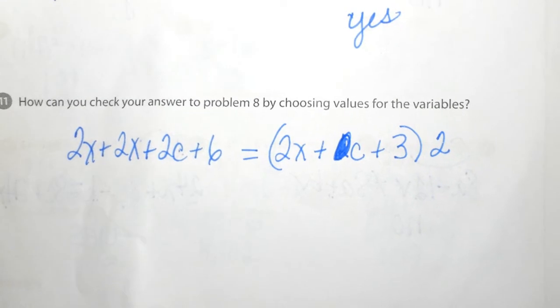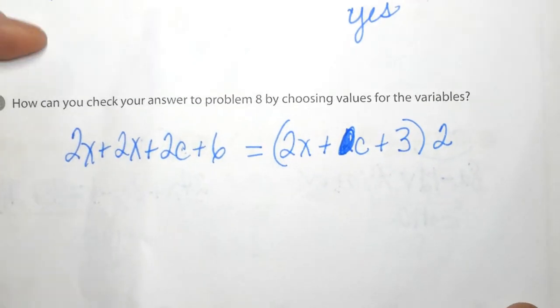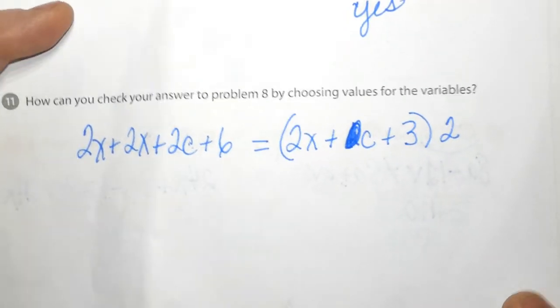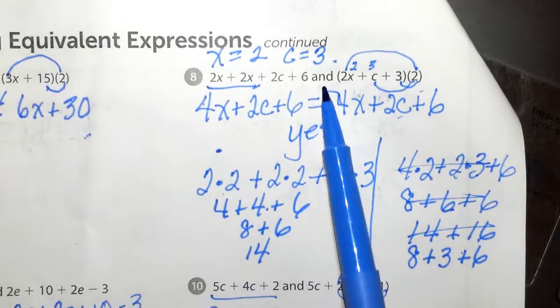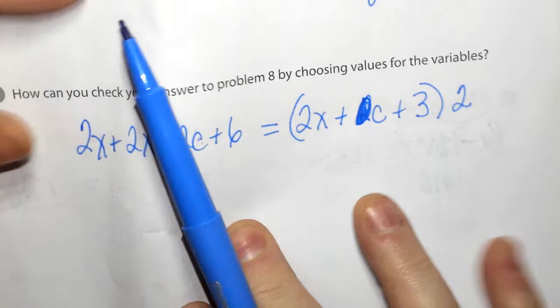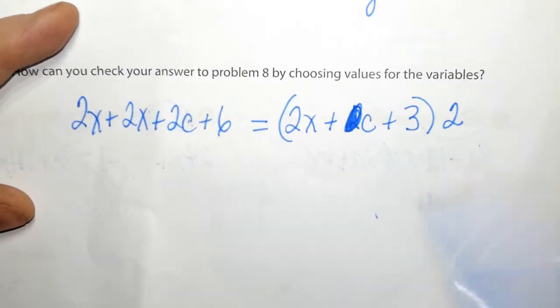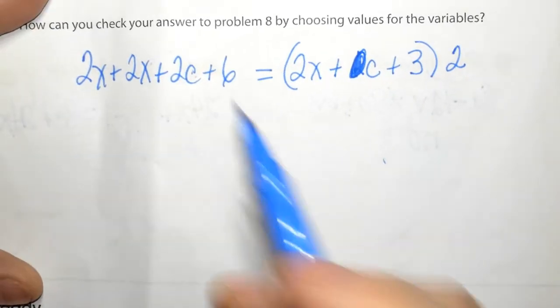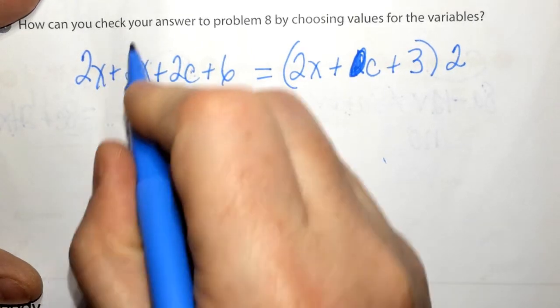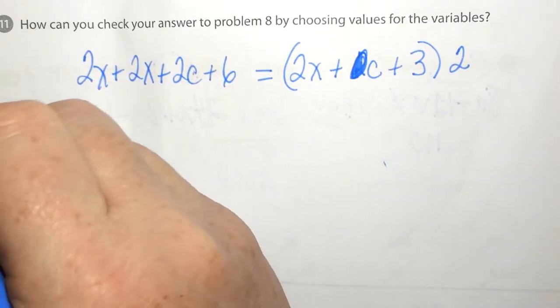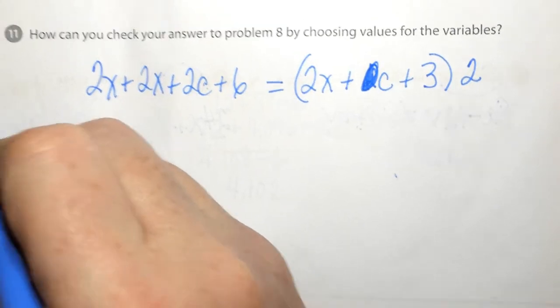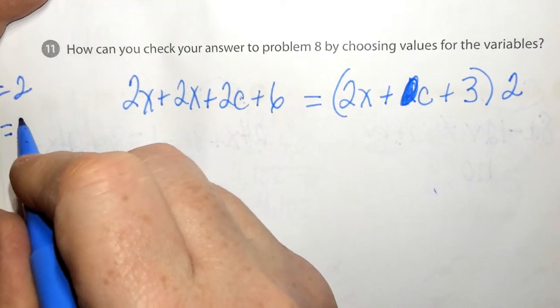Okay, had to pause there for a second. My dogs were barking very loudly, and while they were barking, I went ahead and rewrote this number 8 down here, so we have more room to work this because I messed up on the top. So again, here we're going to make x equals 2 and c equals 3.